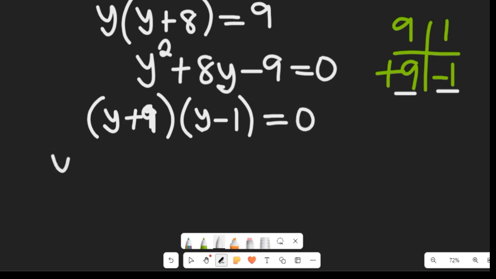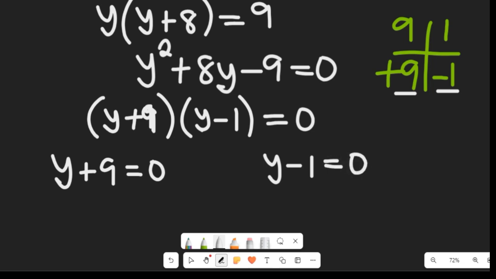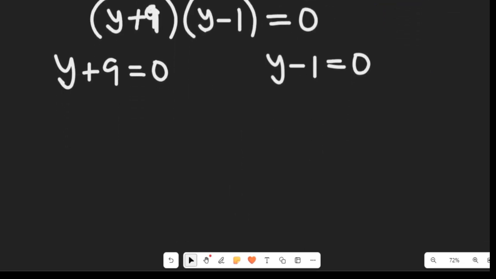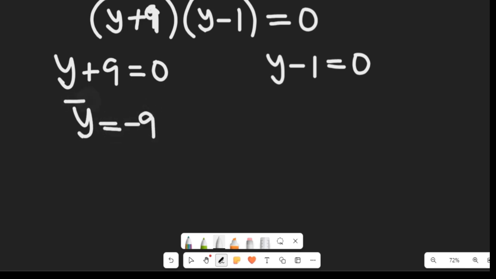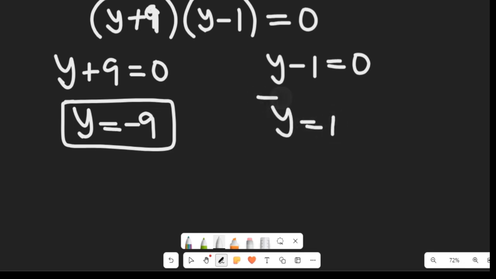Now from that expression, y plus 9 is equal to 0 from the zero product rule, and we have that y minus 1 will be equal to 0. From this, we can get the two solutions of that quadratic equation. Our y will be equal to negative 9, which is a solution, and then y equal to 1, which is a solution for y.